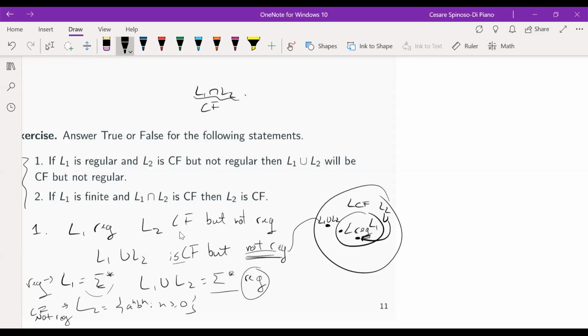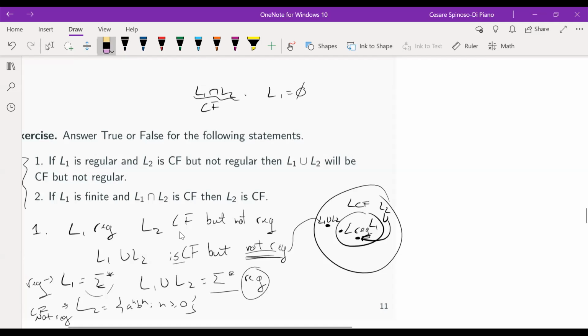The question is, would it ever be regular, basically? So yes, it would, if L1 was the empty set. If L1 is the empty set, then the empty set intersect any context-free language is going to be context-free, but it's also going to be regular. So, but not regular would be not true. Okay, good question.